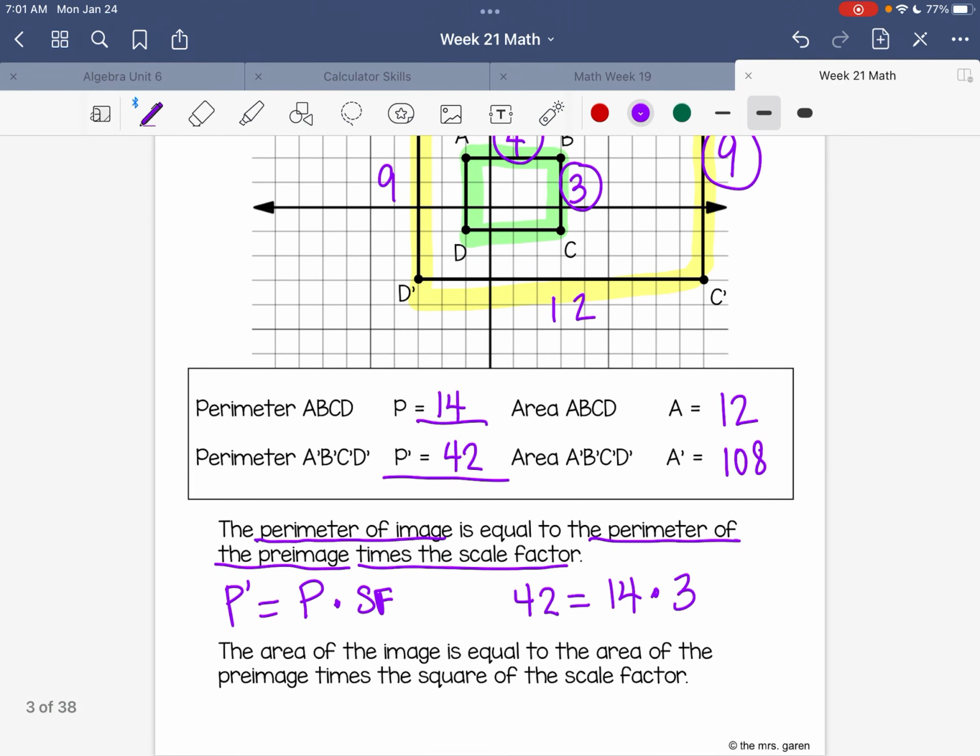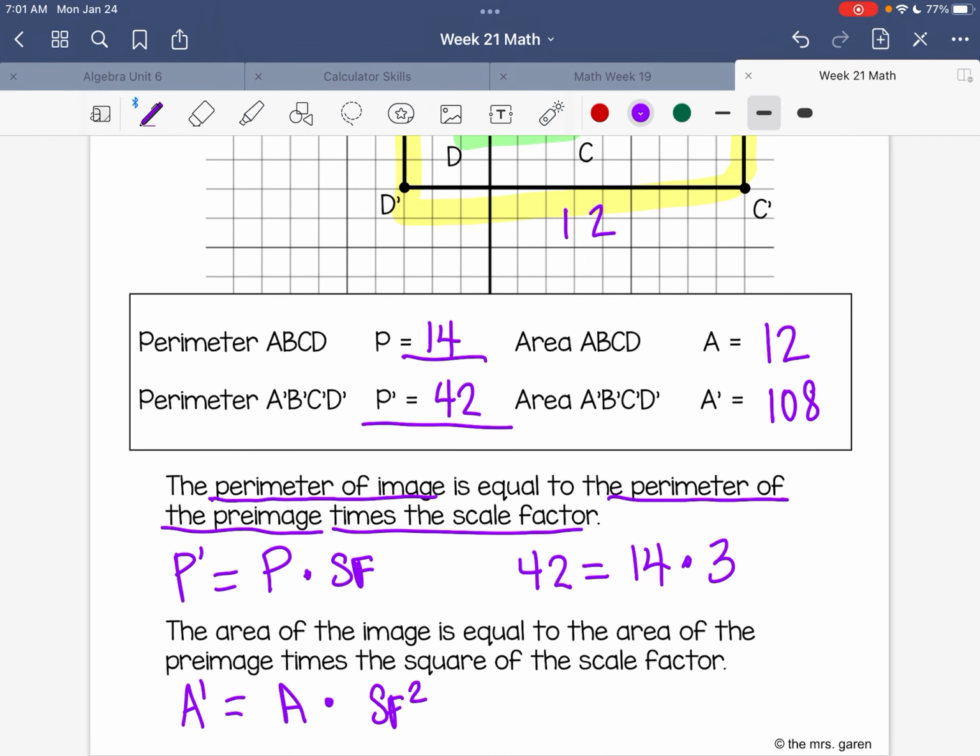Let's see. The area of the new figure is going to be equal to the area of the old figure times the scale factor squared. You see it's a much bigger number. 12 and 108 are quite a few clicks away from each other.